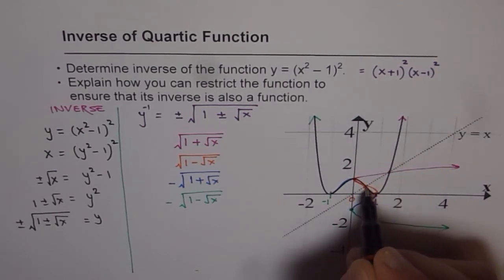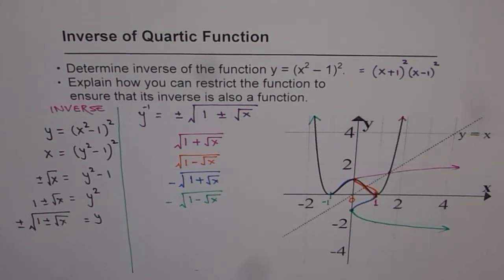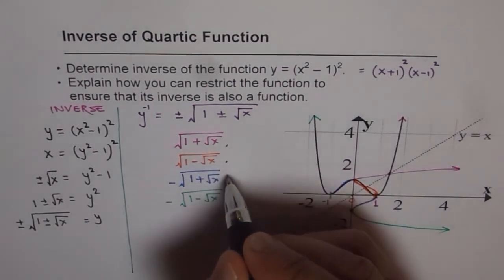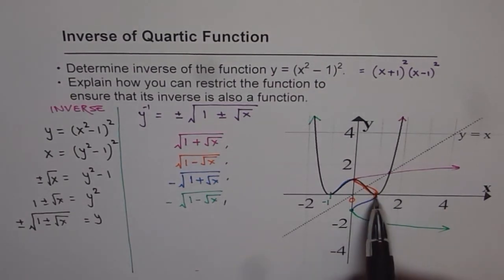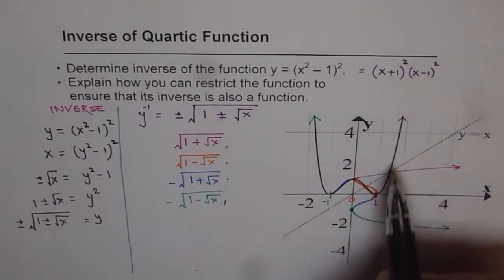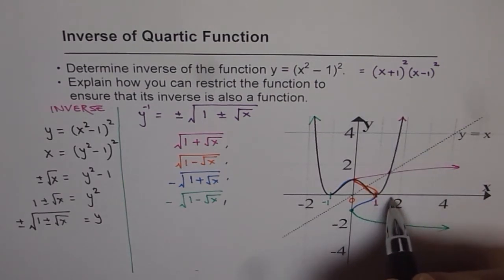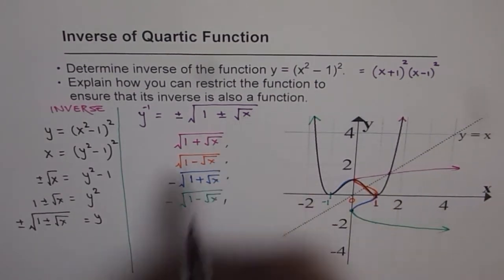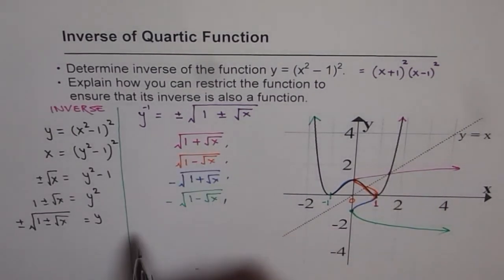Now how to restrict this so that we get the inverse also as a function? So as you can see, the restriction could be in the given fashion. We could restrict the domain of the function as x greater than 1, right? So if I restrict the domain of the function as x greater than 1, then I get the inverse as 1 plus square root x.